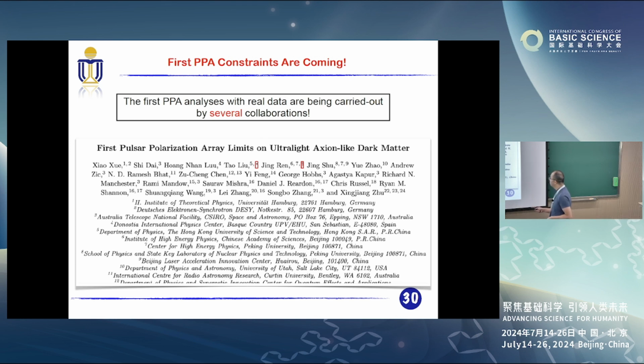From the author list, you can also see Andrew, and I think he is over there. This collaboration started last summer, and with Jin Ren we made this proposal to the PAX PTA, and finally it got approved.